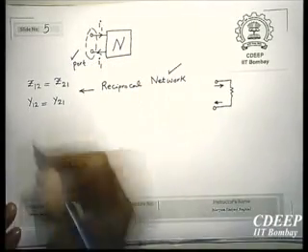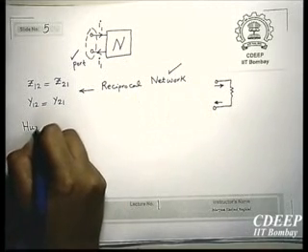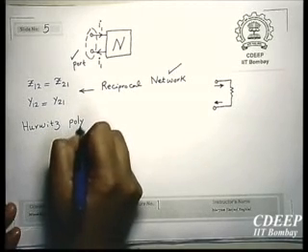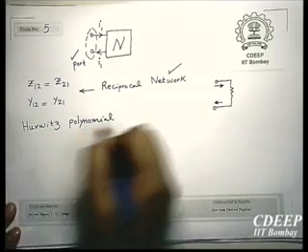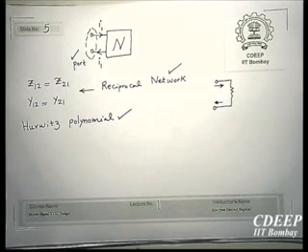The third concept will be Hurwitz polynomial. What is a Hurwitz polynomial? If all roots of this polynomial are on the left side of the j omega axis, meaning the real part of them is less than 0, it is called a Hurwitz polynomial.